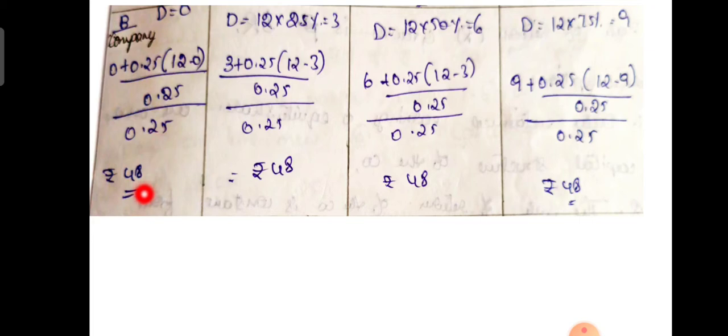You'll get market price as rupees 48. In the second situation also, dividend is 3, remaining values are the same, and you are getting market price as 48. For 50% payout ratio, you will also get market price as 48, and for 75% payout ratio, you will also get market price as 48.